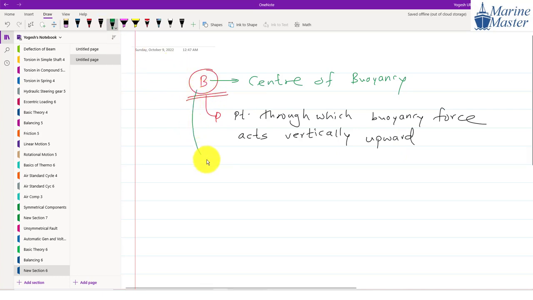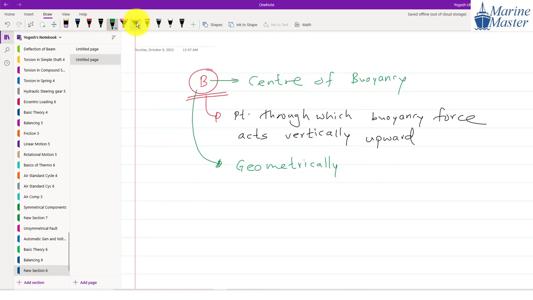What is the geometrical meaning of B? Can you tell me? What is the geometrical meaning? No, you are not saying it correctly. Say it properly.